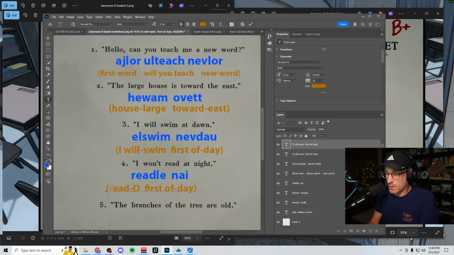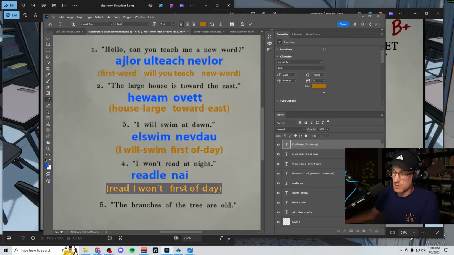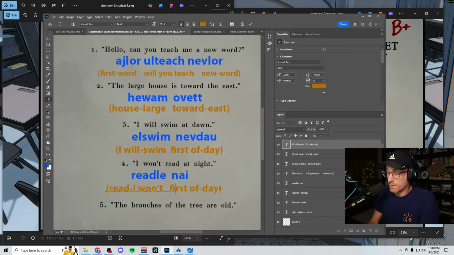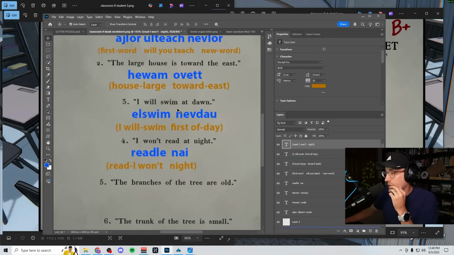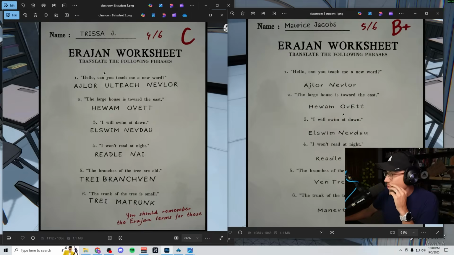For now, it's very possible that all of the kids made a mistake on one of them together, and we're actually being sort of led down the wrong path. But until we know that, we're going to assume that they're barking up the right tree here. Nigh does mean night, right? It does on the board. That's good. Okay, the branches of the tree are old.